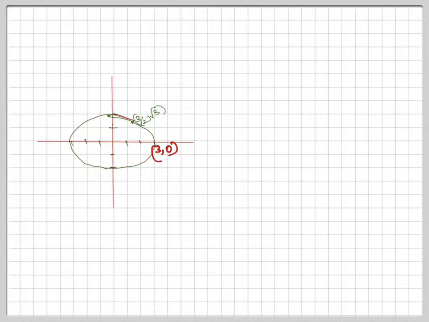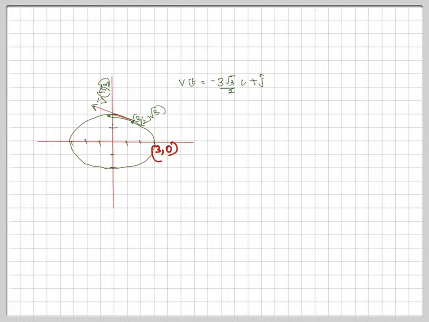At that point, the velocity vector that we found is negative 3 root 3 over 2 i plus j.